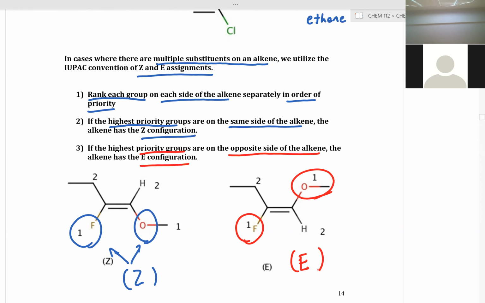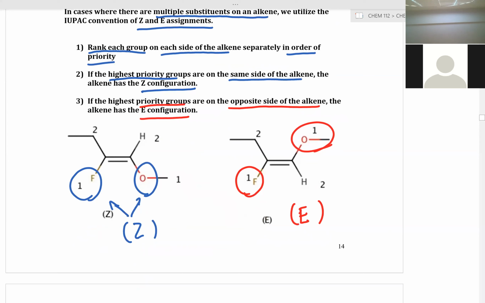For those who've been reading ahead or who are generally curious about organic chemistry and may have seen this motif before, does this structure ring a bell for anyone? Does this type of motif ring a bell? There's a special name for this type of special alkene.